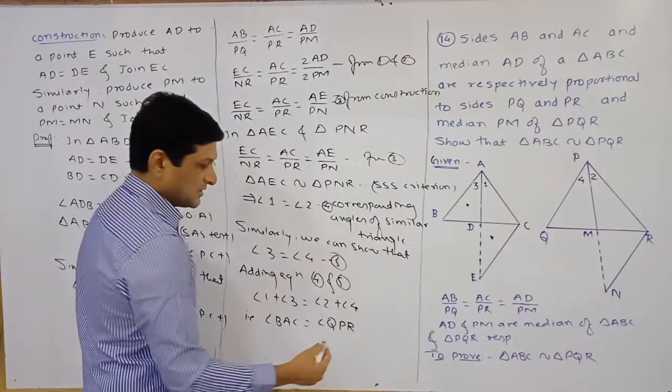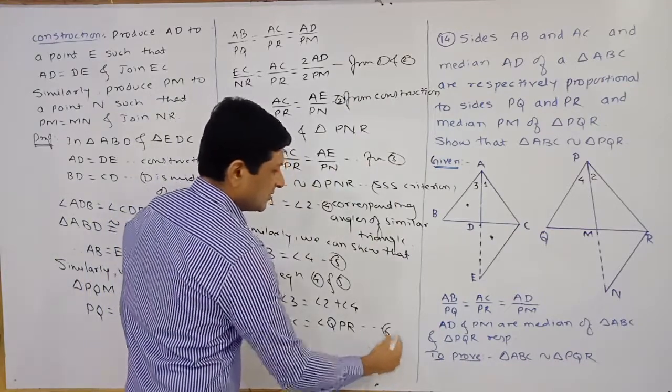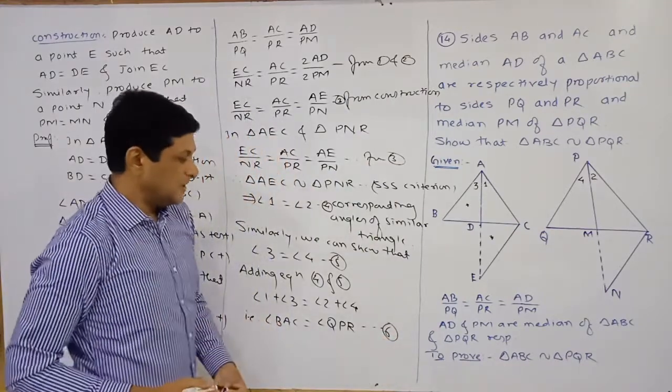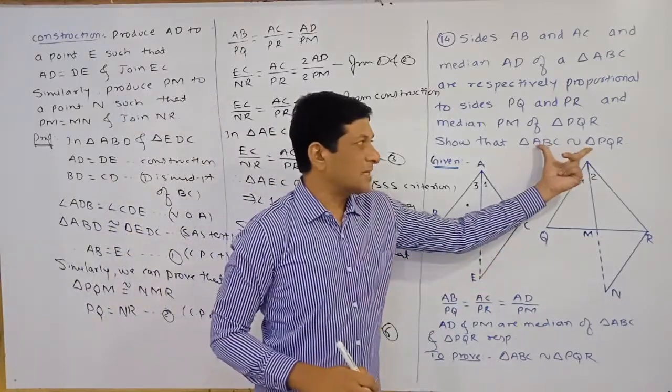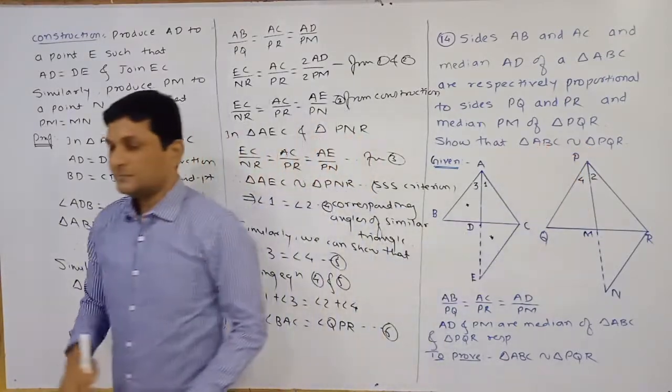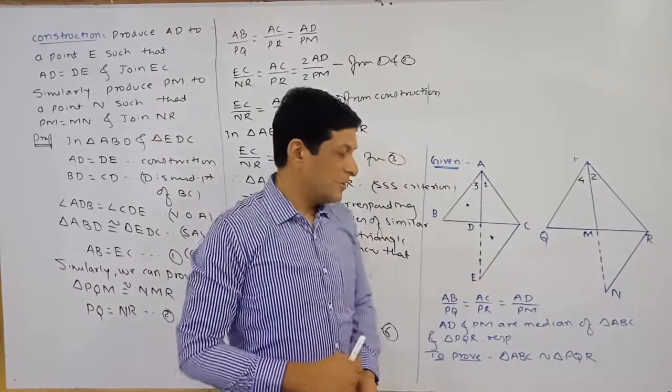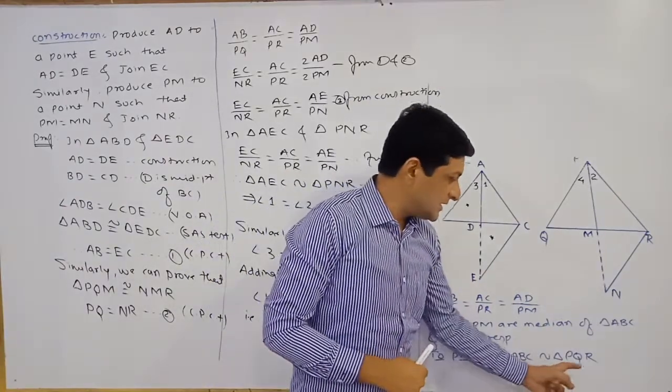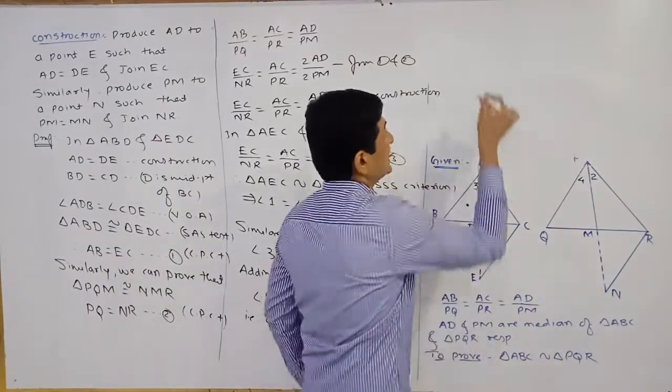Let us denote this result by new equation number 6. Now we are trying to show that triangle ABC is similar to triangle PQR. So consider these two triangles.